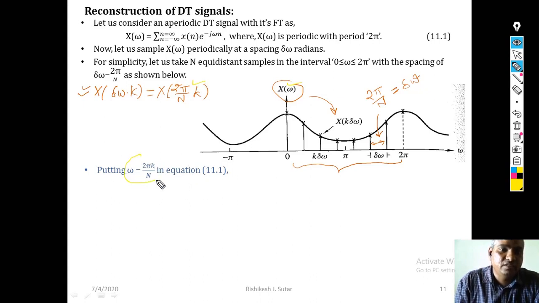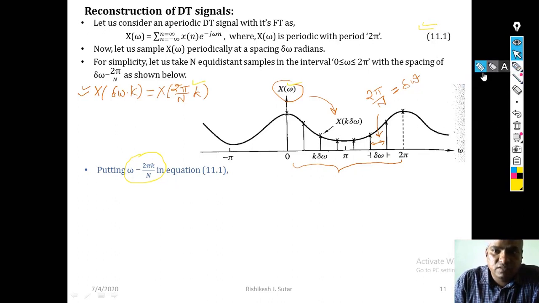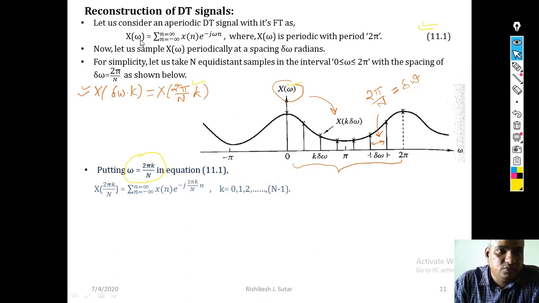So we are putting omega equal to 2 pi by capital N into k in this equation 11.1. Okay. So further, now by substituting this, this omega will be replaced with 2 pi k by N, so that is replaced over here.